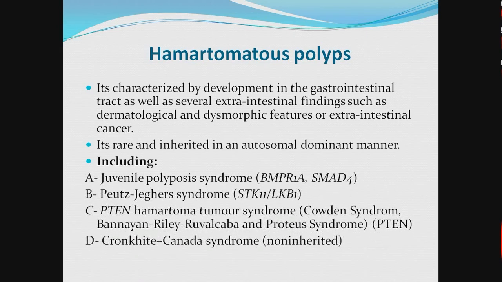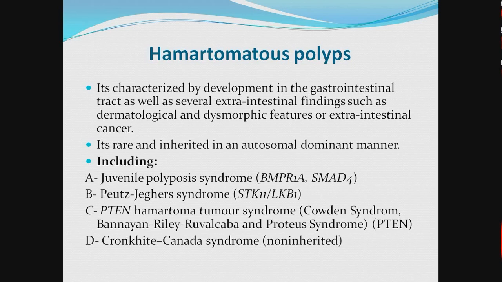For example, for Hamartomatous polyps: juvenile polyposis syndrome results from mutation in the gene BMPR1A or SMAD4. The second disease, Peutz-Jeghers syndrome, is a mutation in the gene STK11.